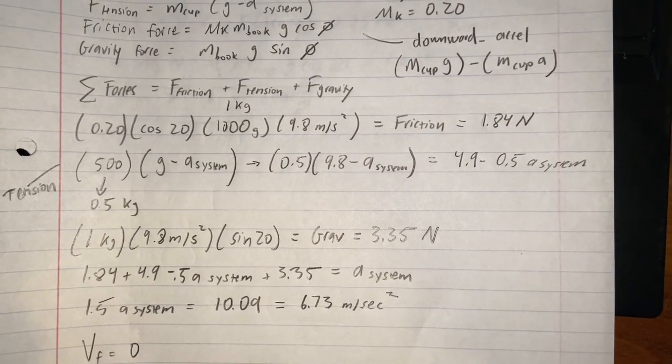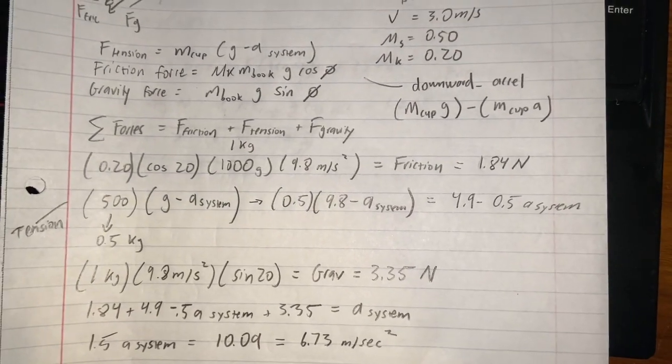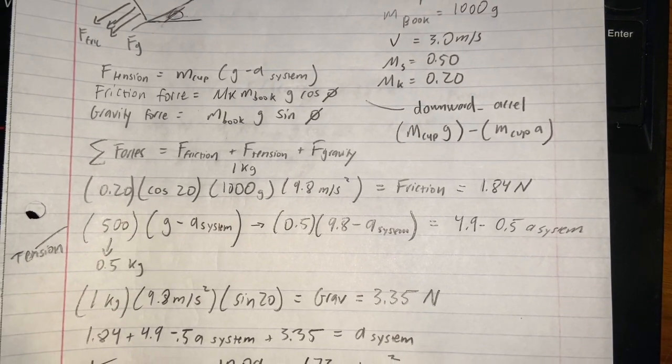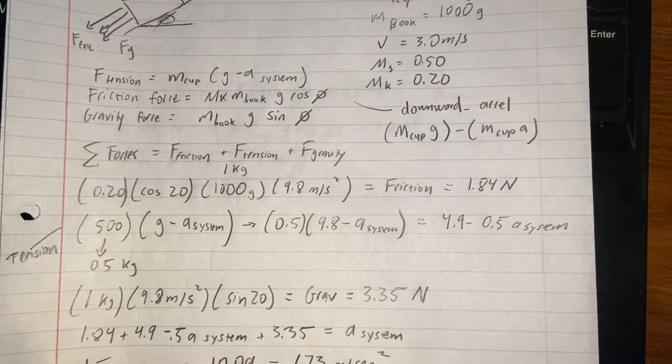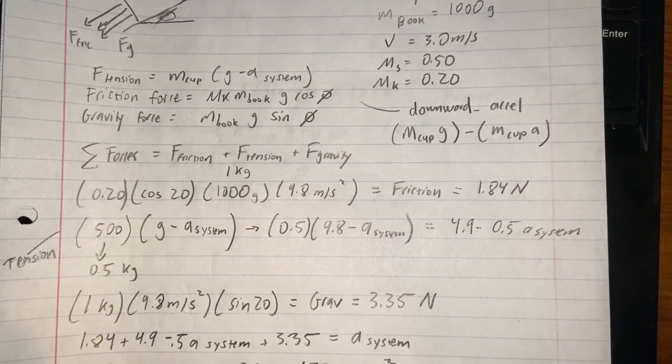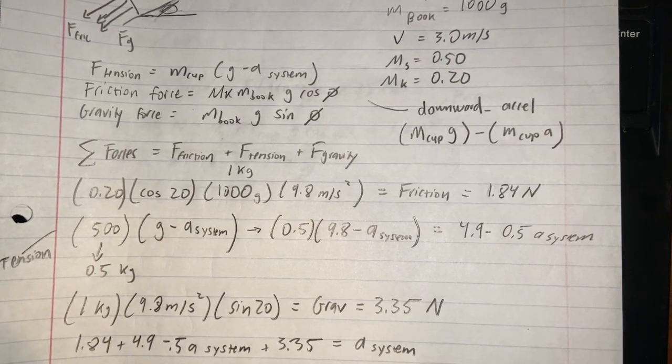However, the tension is slightly complicated because it's a system. The way I looked at it is that the total force of that system is the downward force minus just the acceleration.